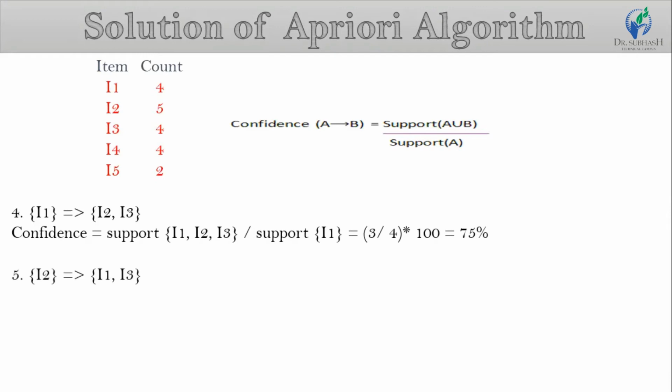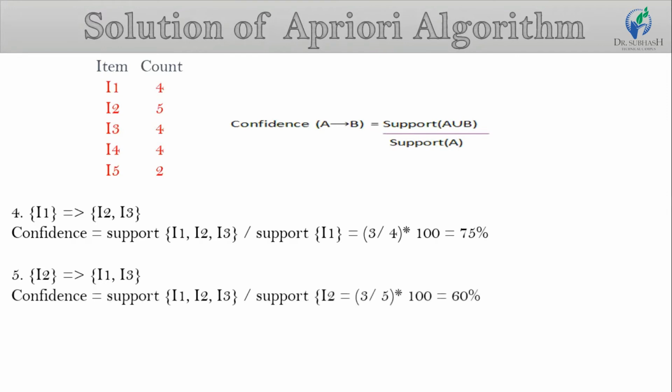Next is I2 implies I1, I3. Here A is I2 and B is I1, I3. Confidence is equal to support of I1, I2, I3 divided by support of I2. The count is 3 divided by 5 into 100, so confidence is 60%.